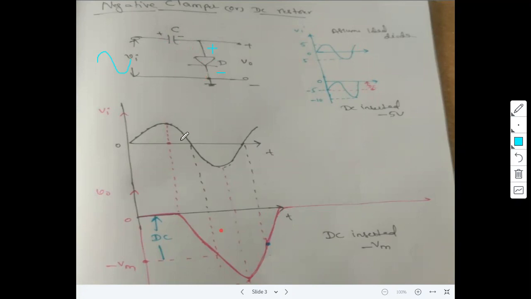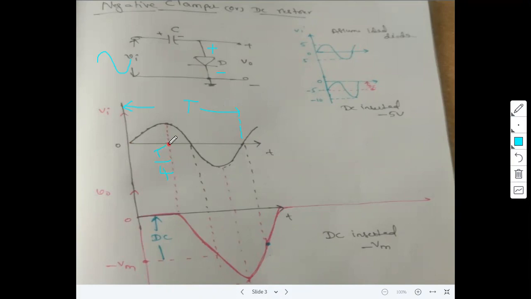Now, coming to the operation, this is the entire time period T of the input signal, up to here. Now, the first quarter cycle, 0 to T by 4.